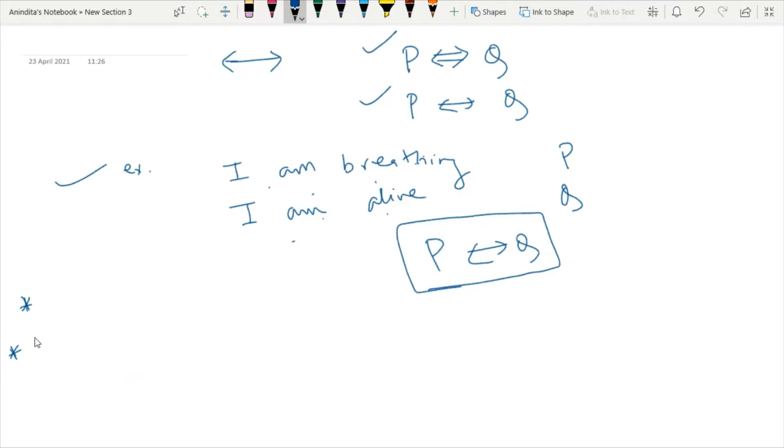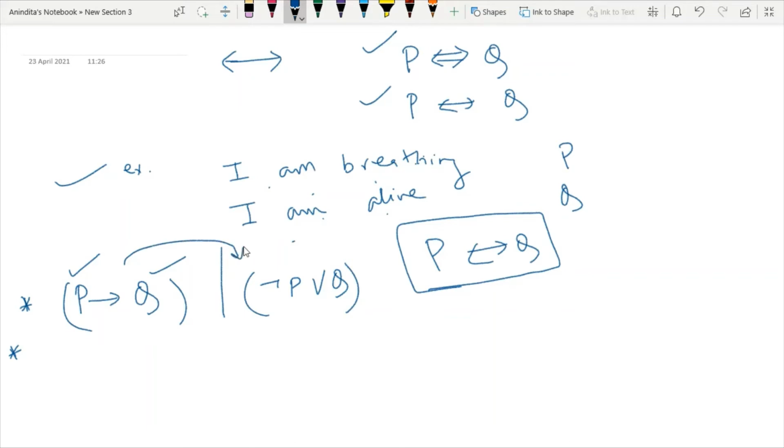The first abbreviated form is, if a particular statement is given as P implies Q, meaning if P happens, then Q happens, this can also be written alternatively as not P or Q. This is your alternate representation of P implies Q that you have to remember.